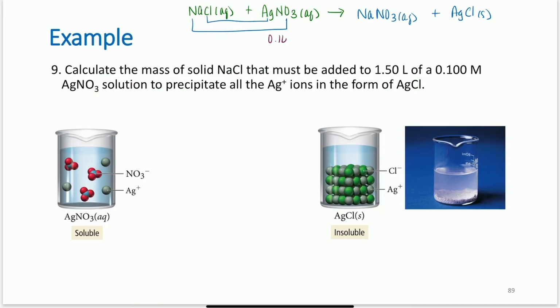I know I have 0.1 molar silver nitrate, and I have 1.50 liters of it. And I want to know the mass of sodium chloride needed to precipitate all of that out as silver chloride.